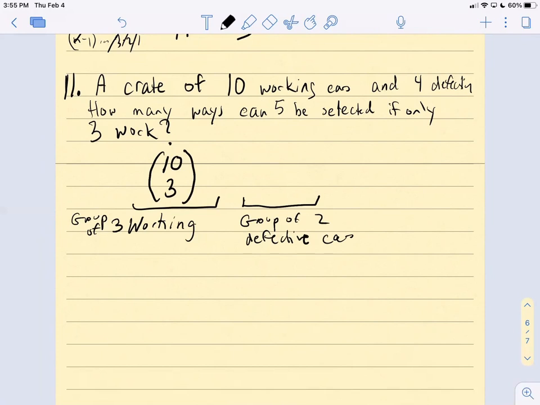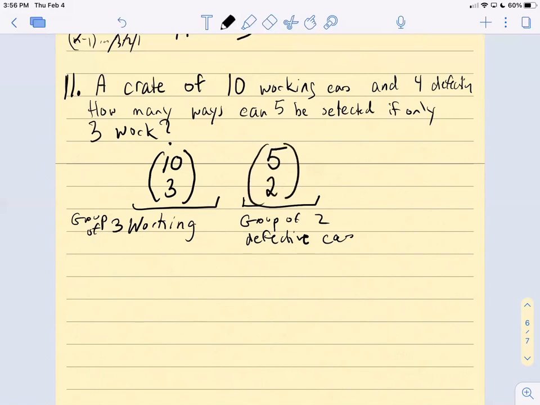Okay, based on that, for the category of the defective cars, how many ways are there to pick the 2 defective cars? Five choose 3. Oh, we're only picking 2 of them. It's going to be 5 choose 2.